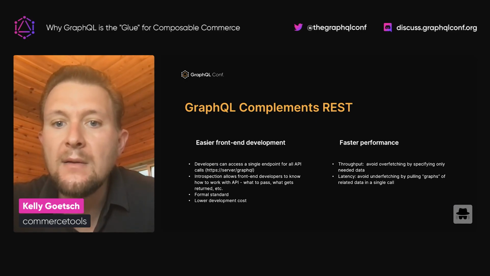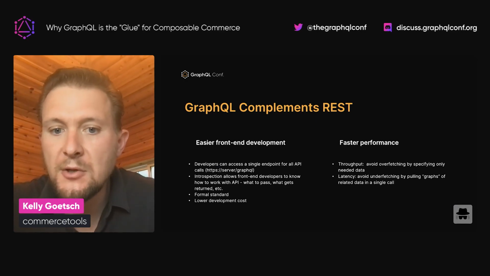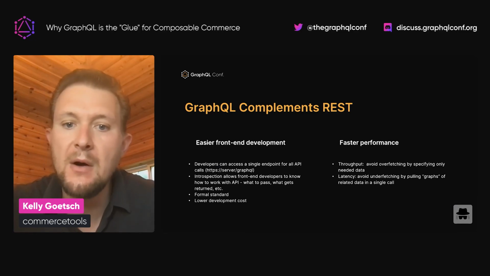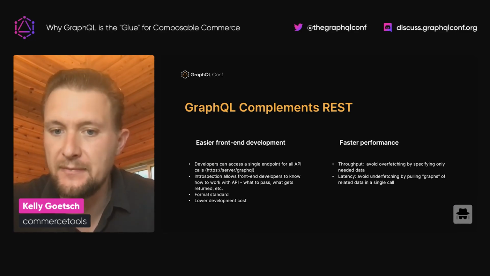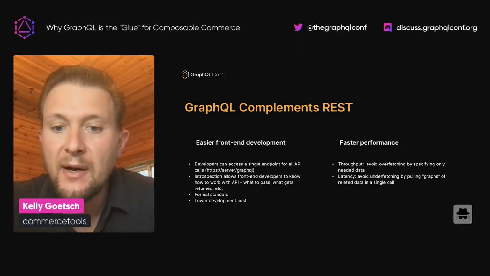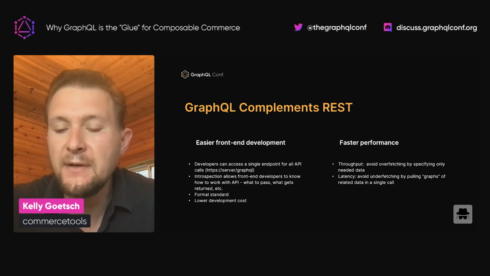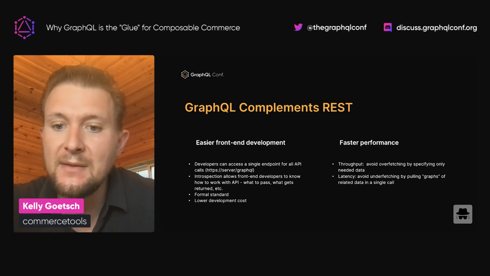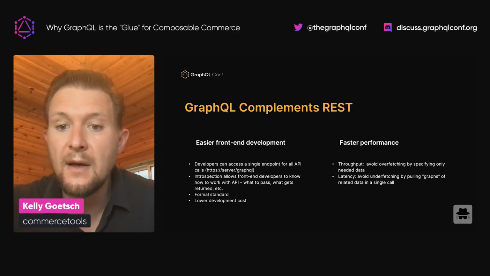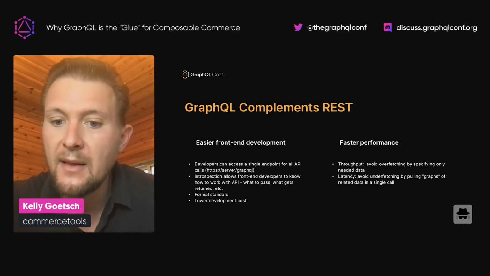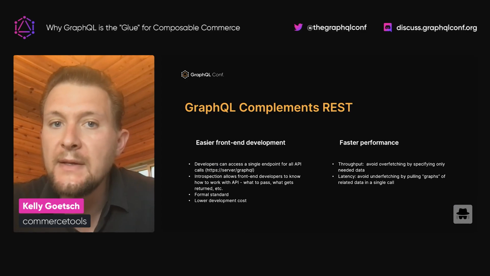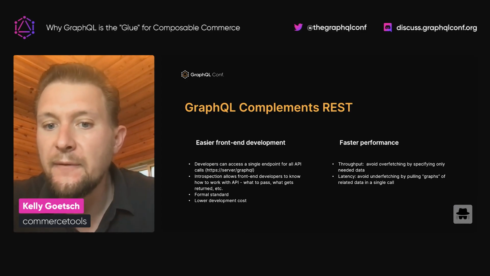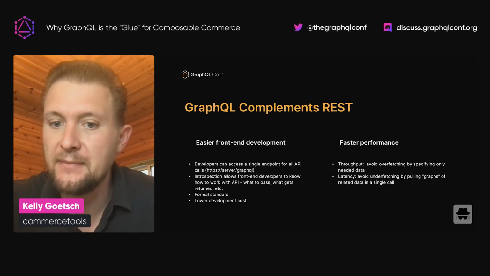And then finally, it's faster performance. With GraphQL, you're doing one HTTP request at most to render any given page. So let's take a big web page, like a product detail page. Before GraphQL, you might have to call five different REST API endpoints. And if you're calling 5 of those endpoints, sometimes those have to be done serially. So you have to call one and then the other, and then maybe you can call 2 in parallel. But the point being is you're calling these very frequently and in a very serial fashion.